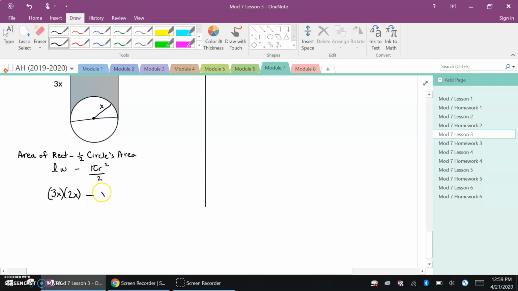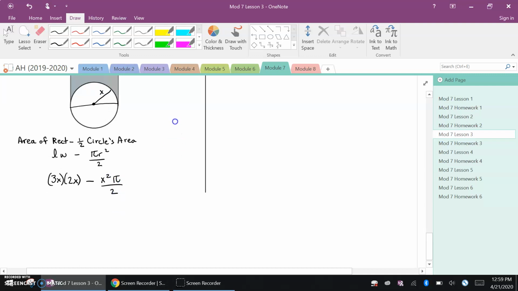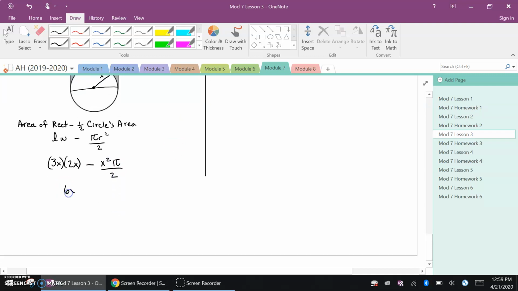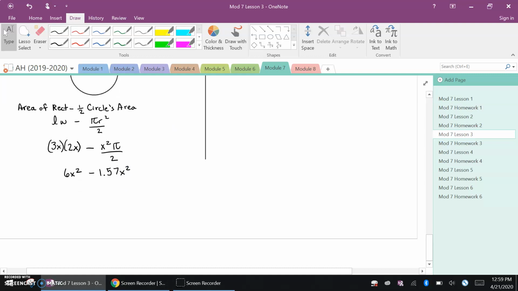So we have x squared pi divided by 2. So this is going to give us 6x squared minus, and then if you plug in the pi and divide it by 2, we are going to get 1.57x squared. Those are considered like terms since the variable and the exponents are the same. And so if we subtract that, we are going to get 4.43x squared, and then units squared.